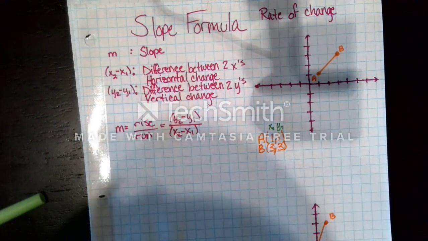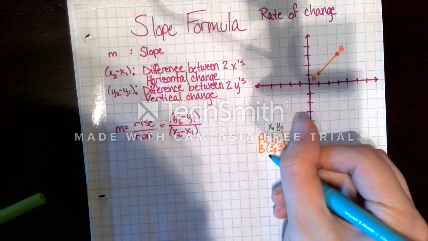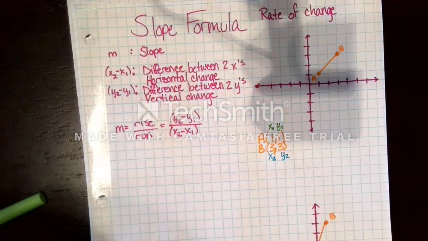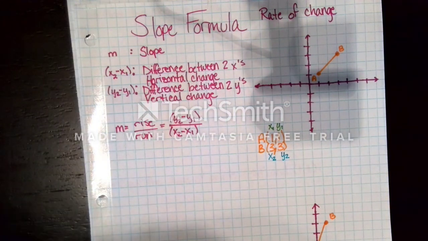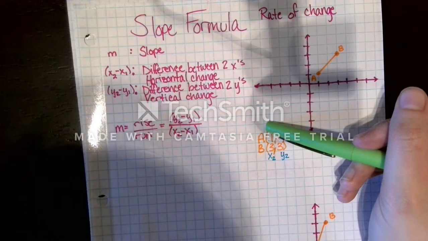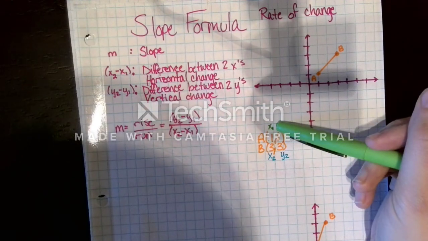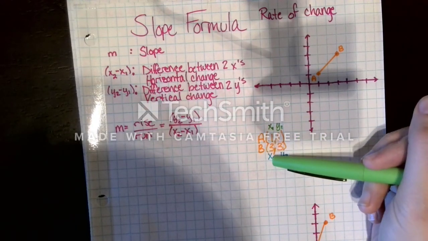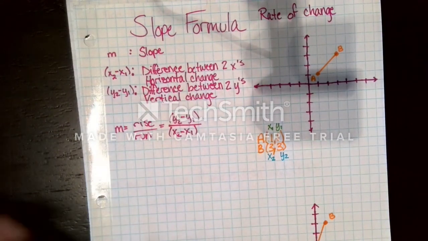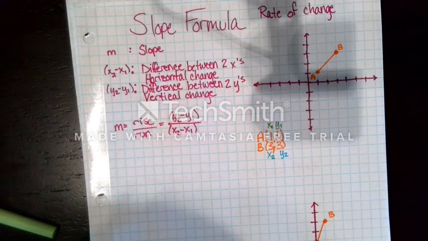Which means for our B, your B should be labeled x2, y2. So in this case, 1 is labeled as x1, 1 is labeled as y1, 3 is x2, 3 is y2. Now that we have everything labeled, we can start plugging back into our formula.